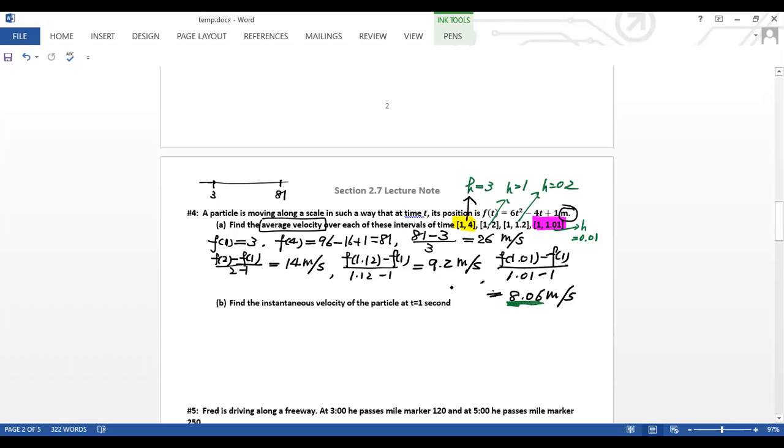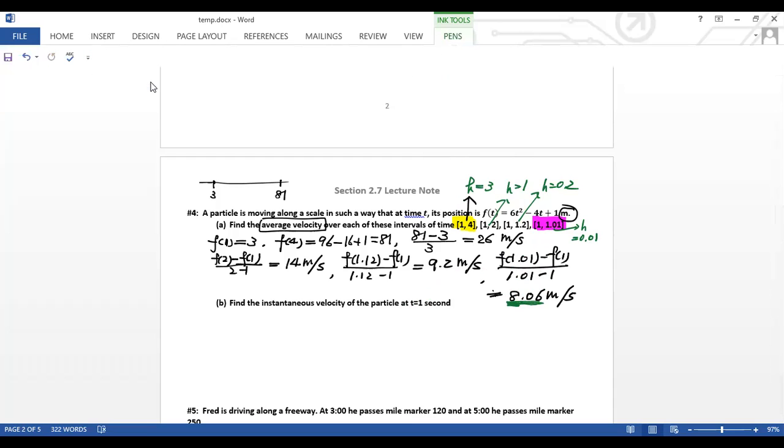So from this, part B asks me to find the instantaneous velocity at t equal to 1. I expect it should be very close to 8.06, because when h equal to 0.01, the average velocity is 8.06.